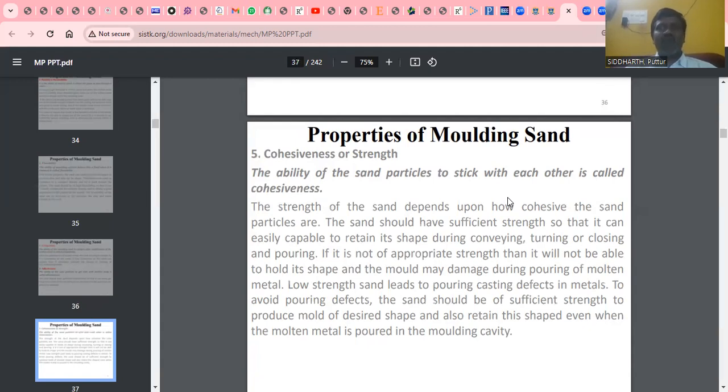Otherwise, if you lift the cope or drag from one place to another, all the sand particles will fall down, and you will not get a mold cavity. So this cohesive property or strength is very important for the molding sand.